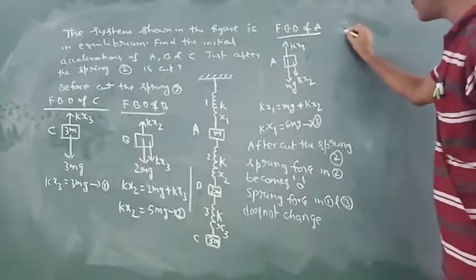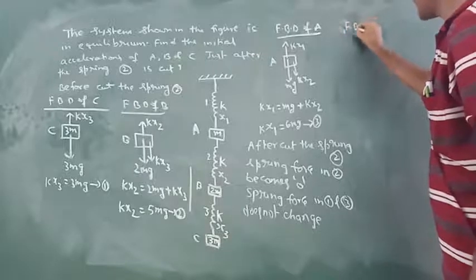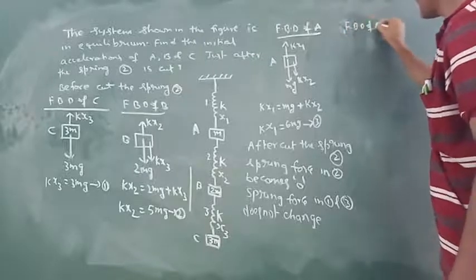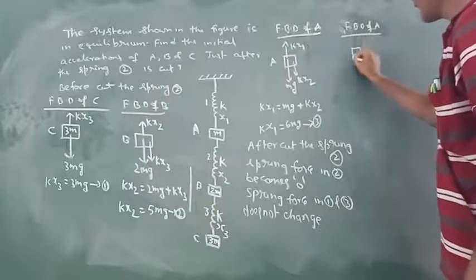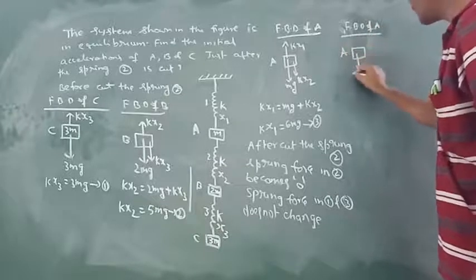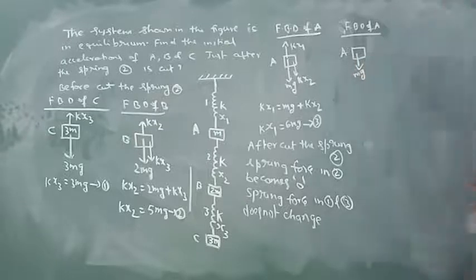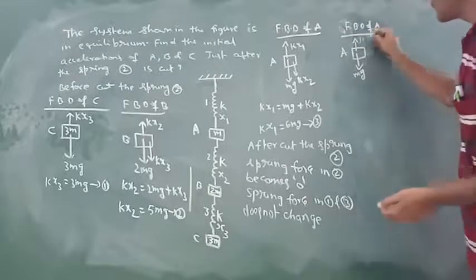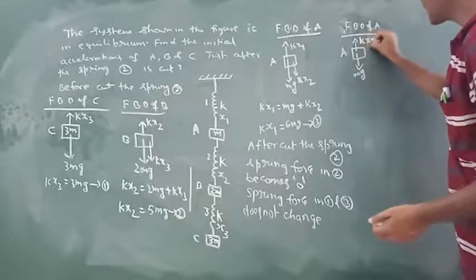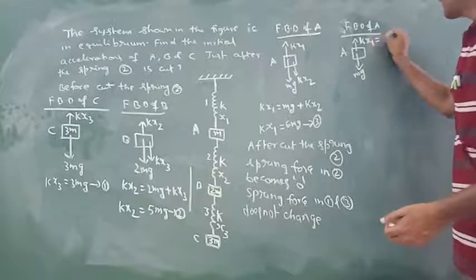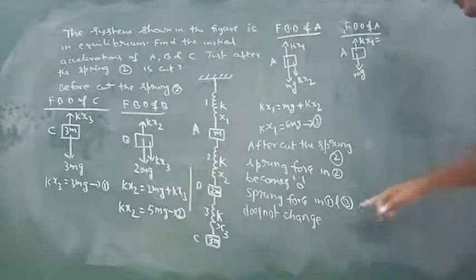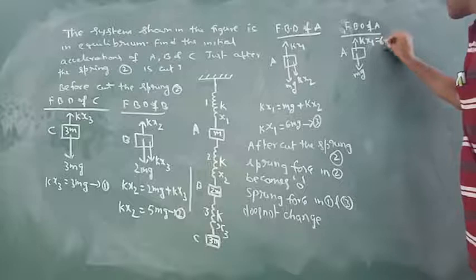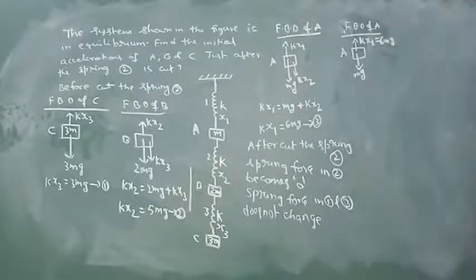Now, FBD of A. The gravitational force in the downward direction is mg, and the upward force is Kx1. This force does not change just after cutting spring number 2, and this Kx1 is found to be 6mg. Therefore, the net force acts in the upward direction.